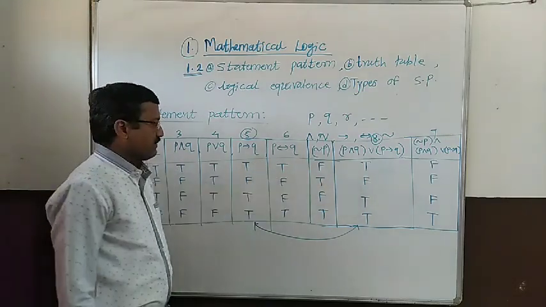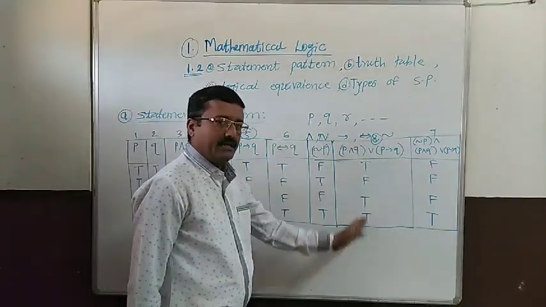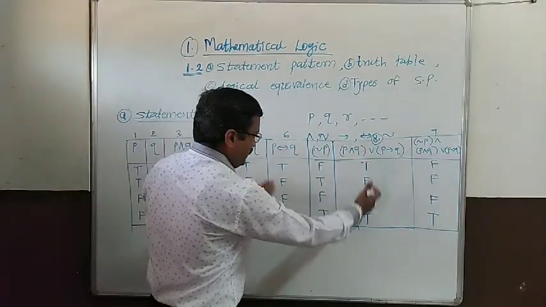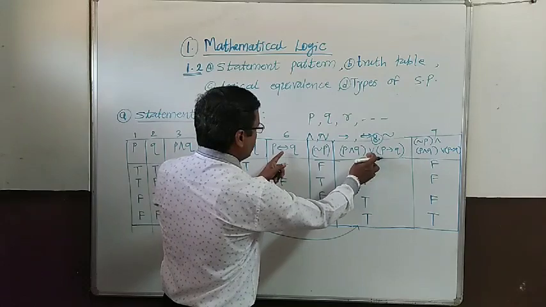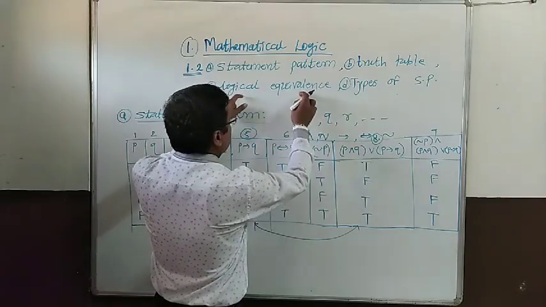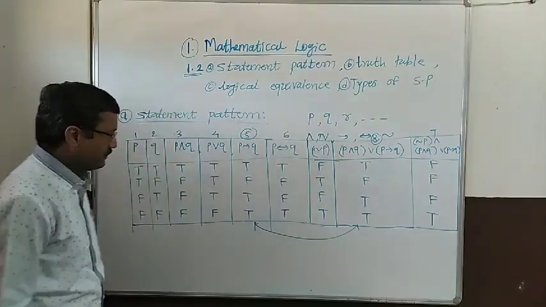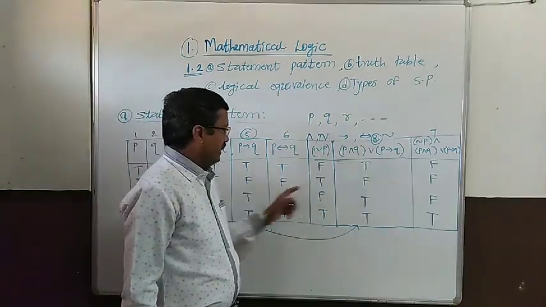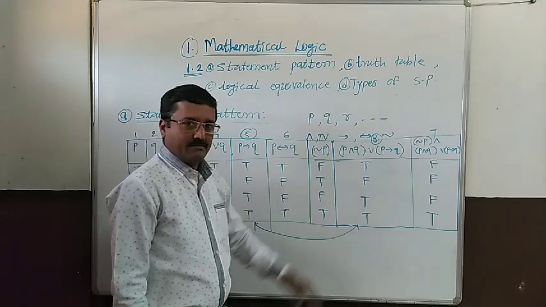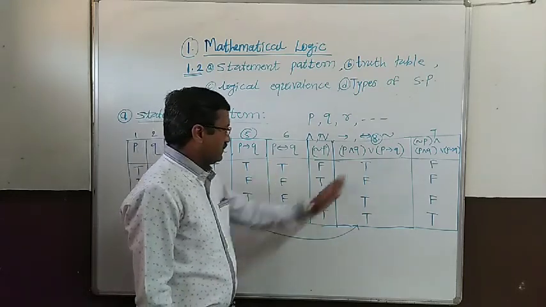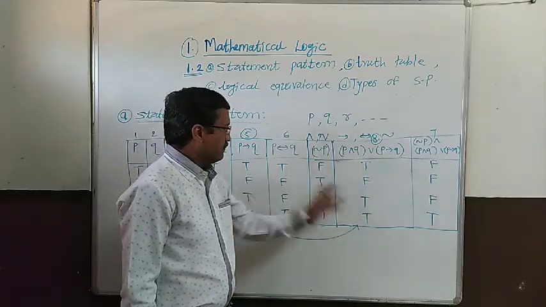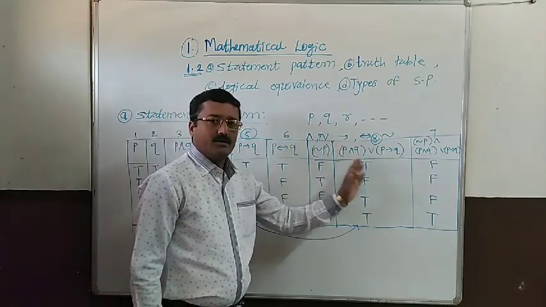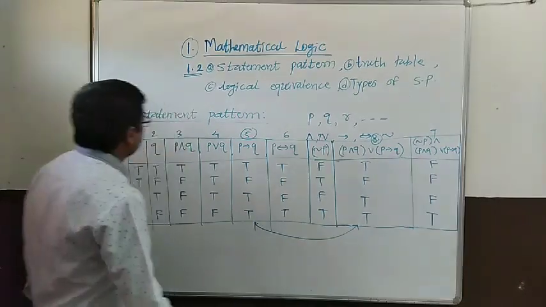So these columns are said to be identical columns. So if we obtain such two identical columns, then we can say that these two statement patterns are logically equivalent. So logical equivalence means if the corresponding entries in the columns of two statement patterns are identical, then those two statement patterns are said to be logically equivalent.